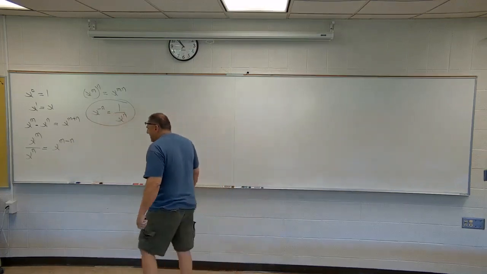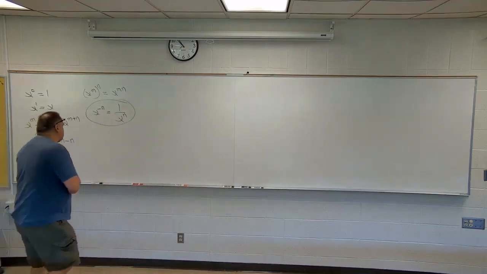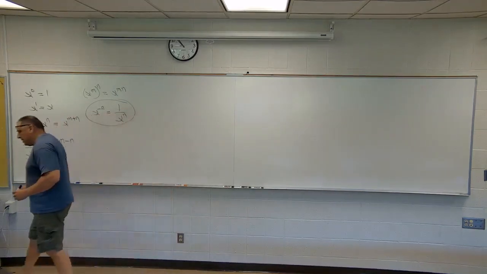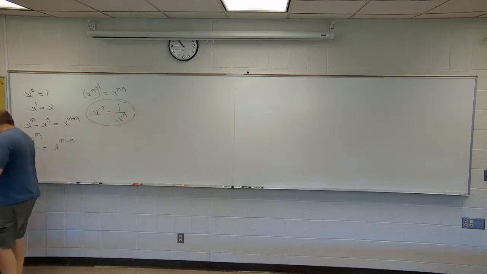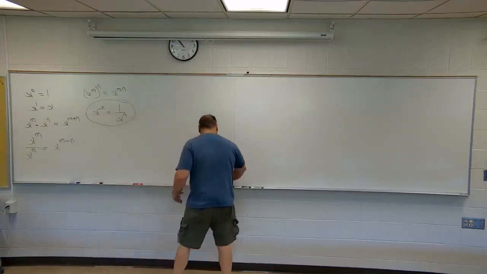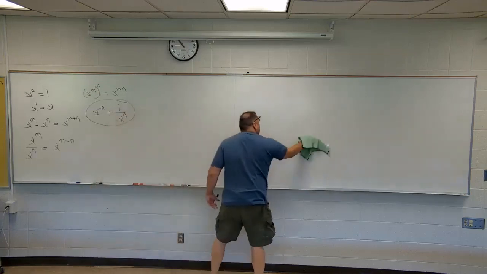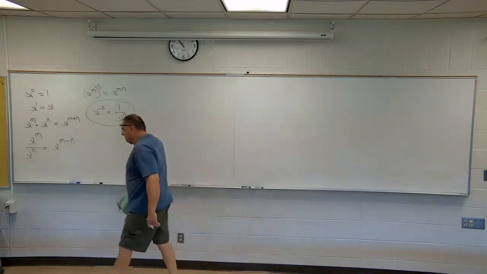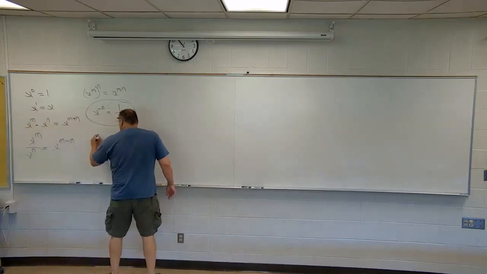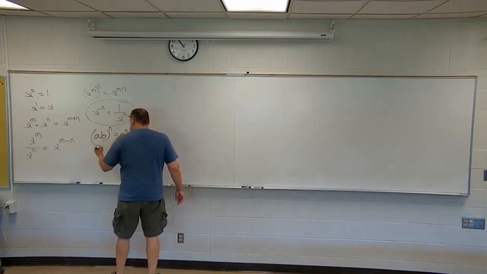All right, so we've got that. We say a lot of stuff regarding this, you guys. You can also say, if you had this to the n power, it's this.